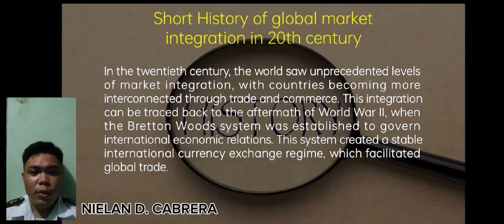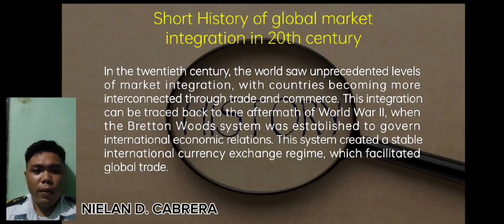In the 20th century, the world saw unprecedented levels of market integration, with countries becoming more interconnected through trade and commerce. This integration can be traced back to the aftermath of World War II, when the Bretton Woods system was established to govern international economic relations.